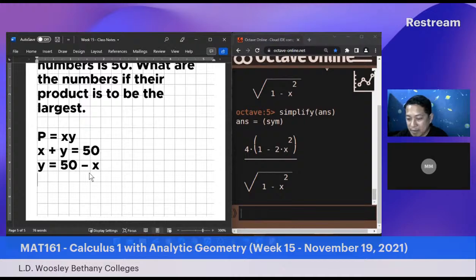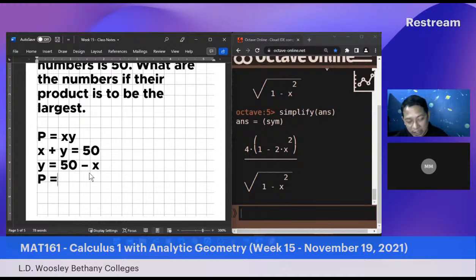Tama? Yes. Then we substitute to the original differentiable formula, which is you are actually maximizing the product. Therefore, that's your main equation, you will substitute and eliminate a variable using the conditions given. For this case, the sum of two numbers is 50. Therefore, one of the numbers is equal to 50 minus x.